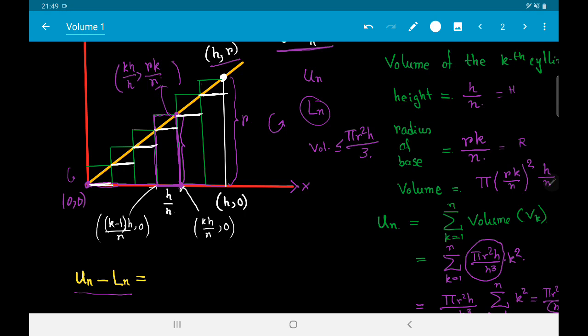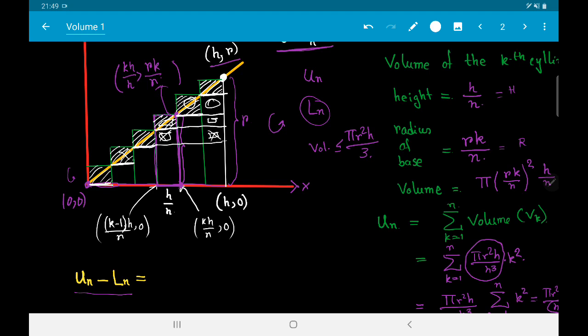You see, un minus ln is a solid which is given by rotating these regions which I am now shading in white. But these regions, if we only look at the xy plane, match exactly very nicely with the region that is given inside the biggest rectangle.